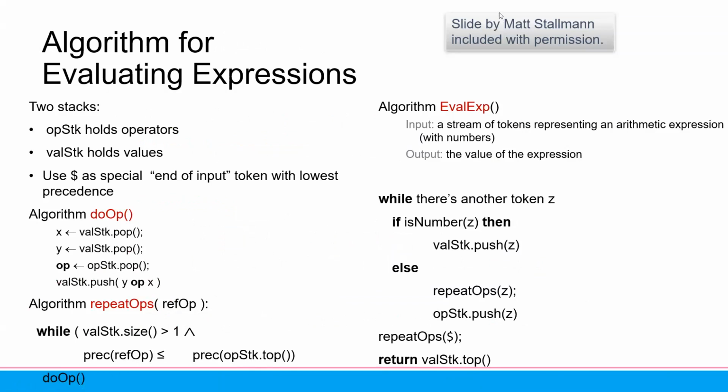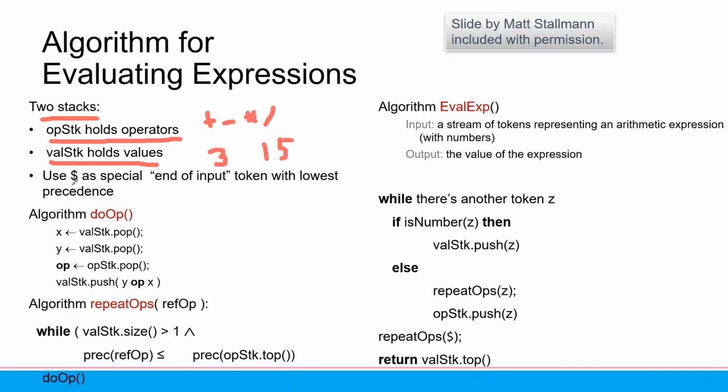At first, we want to prepare two stacks. The first stack is to hold the operators, and the other stack is to hold the values. Operators are plus, minus, multiply, division, and values are numbers, maybe 3 or 15 and so on.